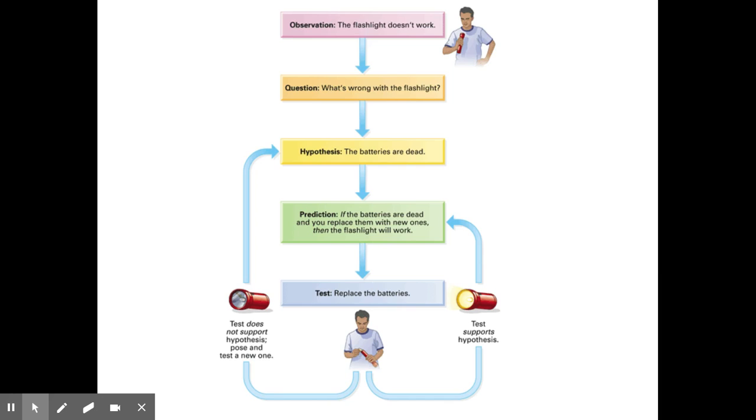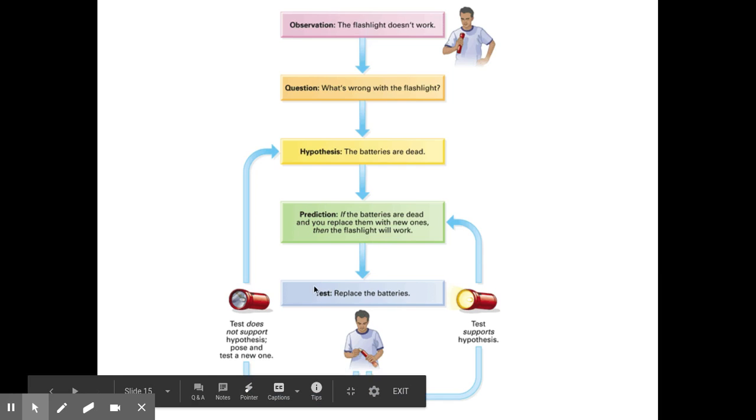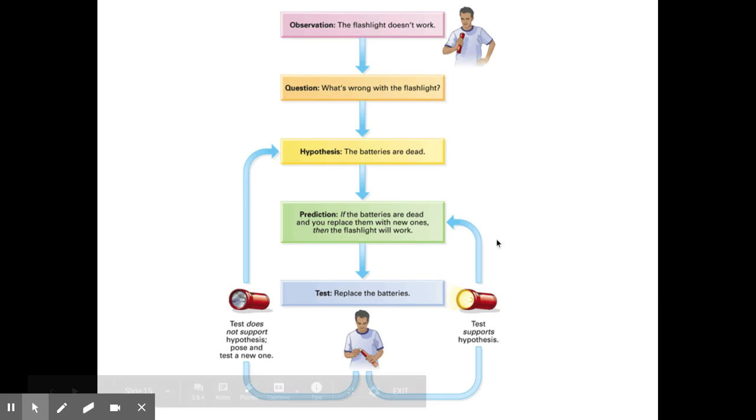His experiment or his test is going to be to replace the batteries. Now, he's going to go in one of two directions. If he tries to light the flashlight and it does not work, the test does not support his hypothesis, then he poses a new one.